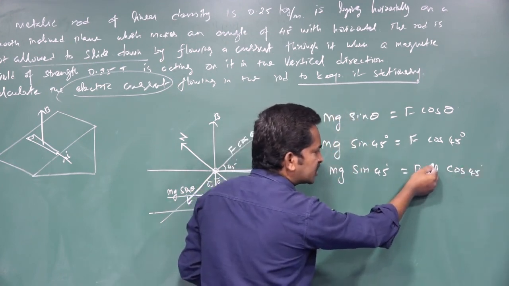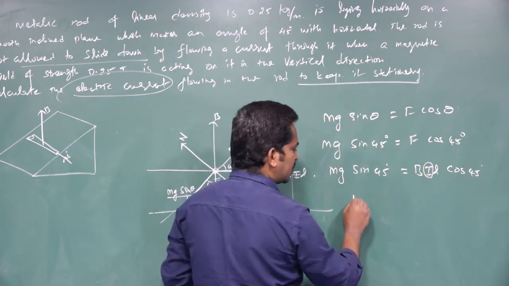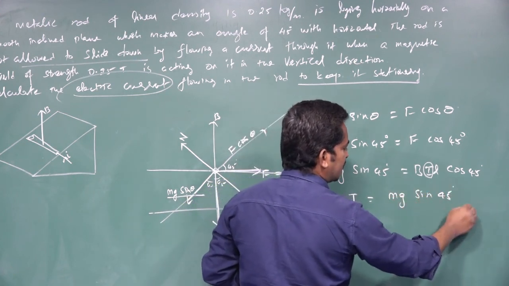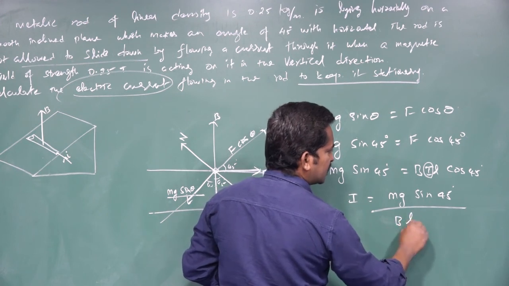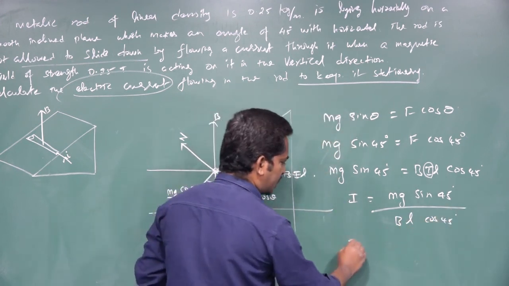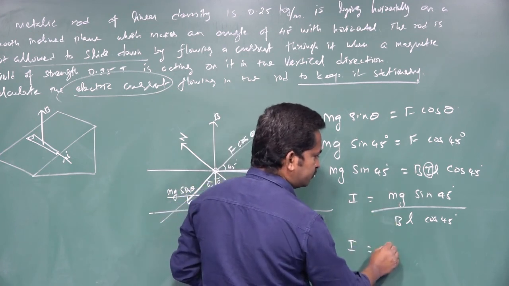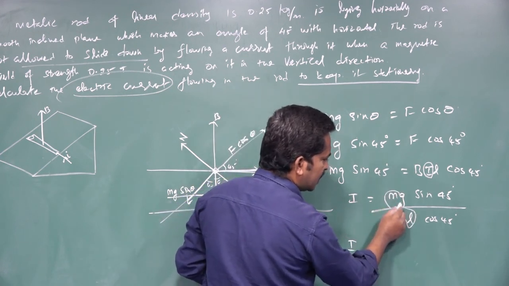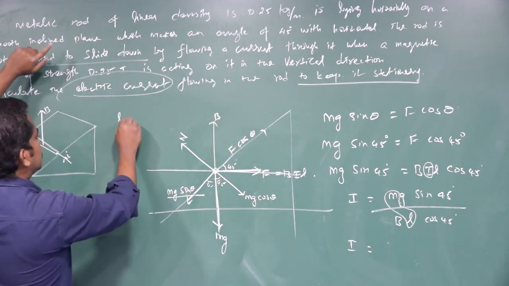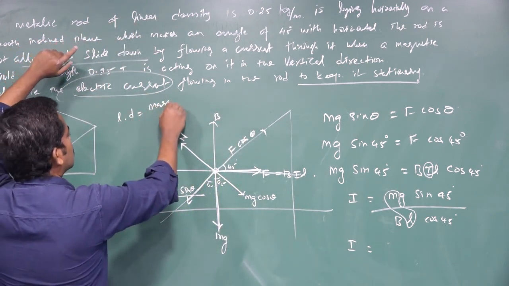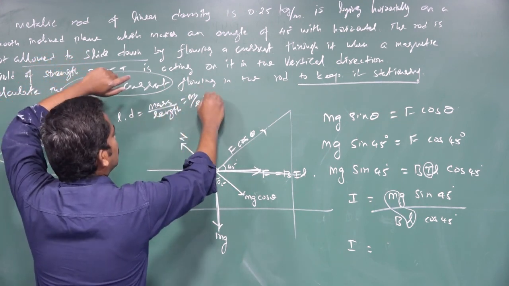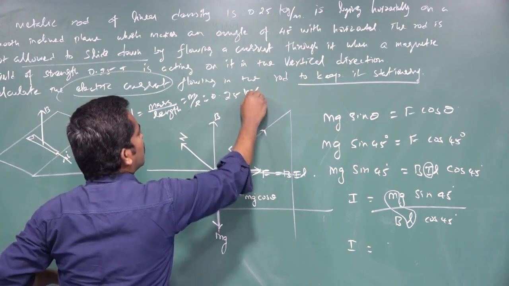I want to calculate this current I value. I is equal to mg sin 45 divided by BL cos 45. So I is equal to M by L, which is the linear density. Linear density is nothing but mass by length. M by L is equal to 0.25 kilogram per meter.